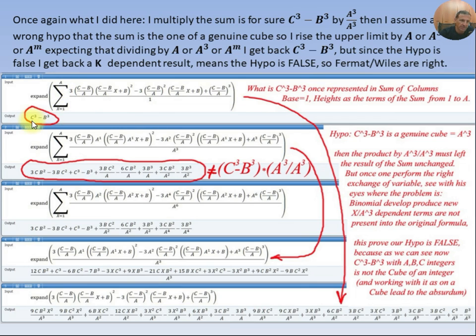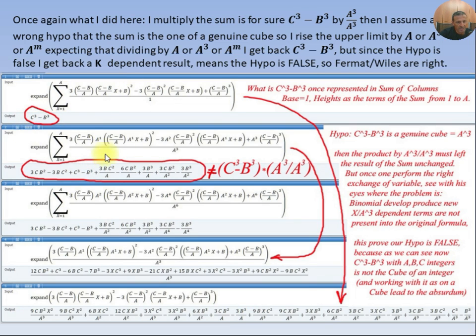This is for sure c cube minus b cube, and we can see the development of all these terms here. The numerators are not a dependent, and the denominators are all dependent on a at different powers. You can see here 3, here 2, and here a to the 1. If we multiply the upper limit by a, or equivalently multiply by a square or a cube the internal terms, and we divide all by a cube, we return with a result that is no longer equal to c cube minus b cube.